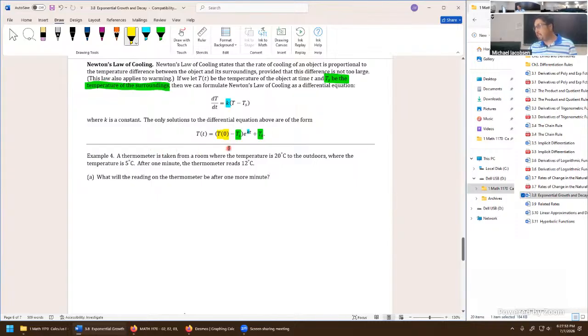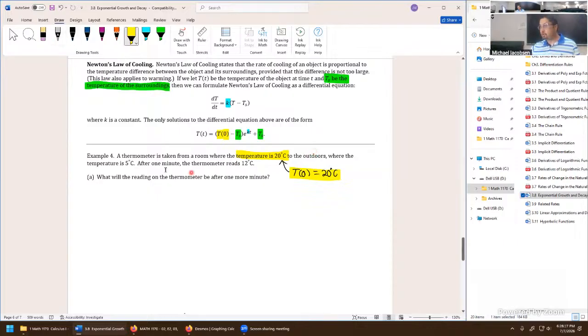Thermometer is taken from a room where the temperature is 20 degrees to the outdoors. What this is implying is the starting temperature at time 0 for this thermometer is 20 degrees Celsius. So we have the initial temperature in Celsius.